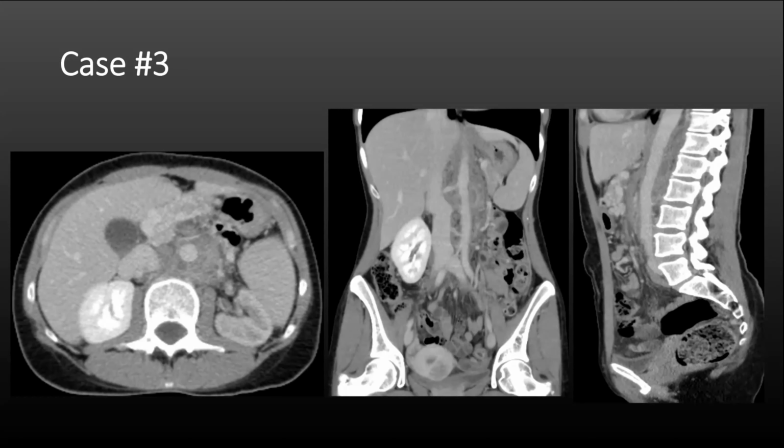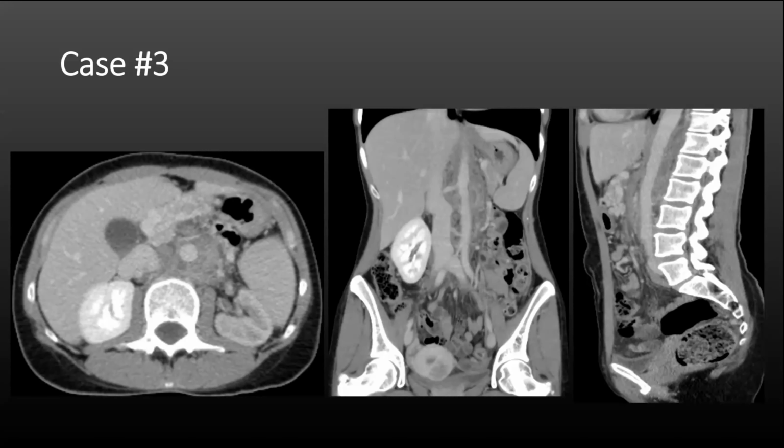Okay, what's the most likely diagnosis? Okay, around 50% of the people have voted. I'll stop the polling. So most of you have chosen retroperitoneal lymphoma.